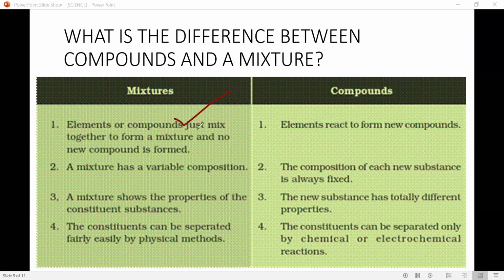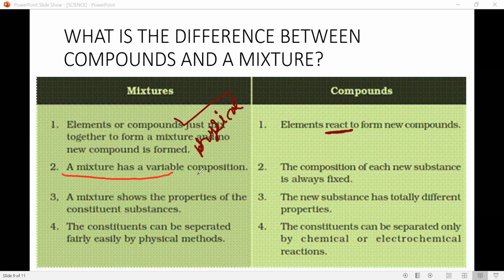In short, we can say the physical combination of elements or compounds is known as a mixture. And when the word react comes, react means a chemical reaction is taking place over here. So you can take it that when react comes, a compound is forming at that point of time.